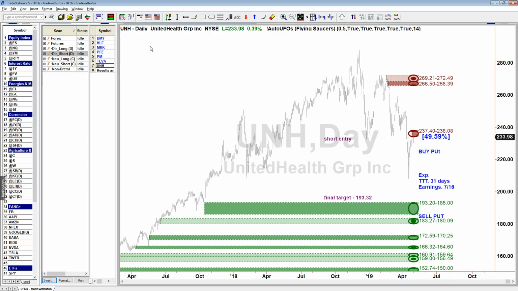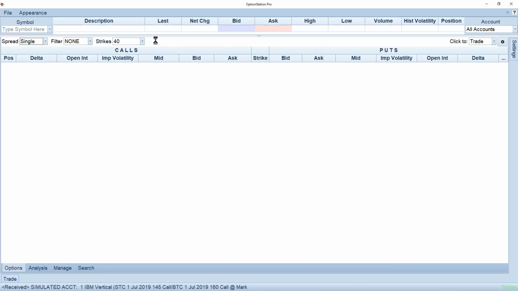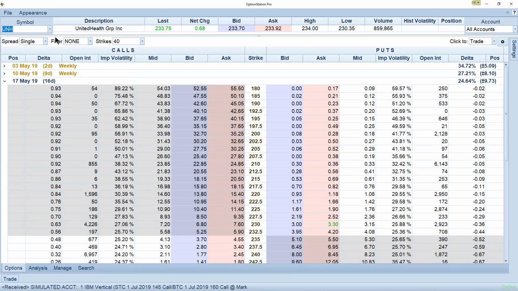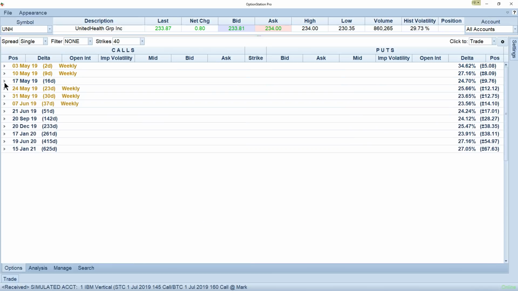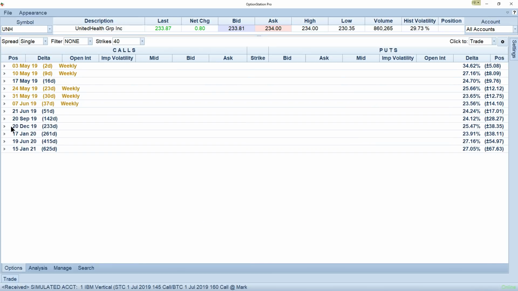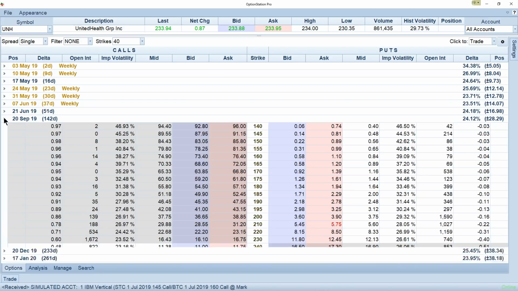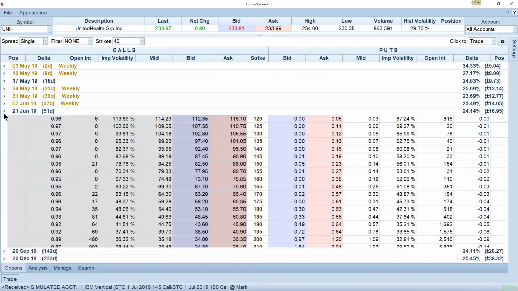And because it's a little recent, sometimes they don't give you a precise final date for earnings. I'm always a little skeptical when that happens, even though realistically we don't even need to be that precise. You can see that the TTT is 31, and in this case, I'm going to use an expiration date, which is going to be actually, we can go for September, or we can go for June.